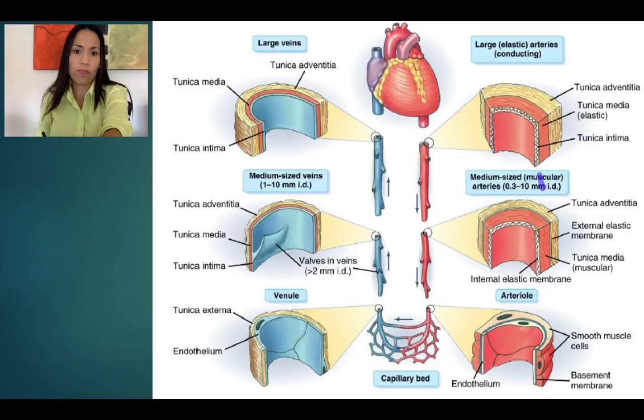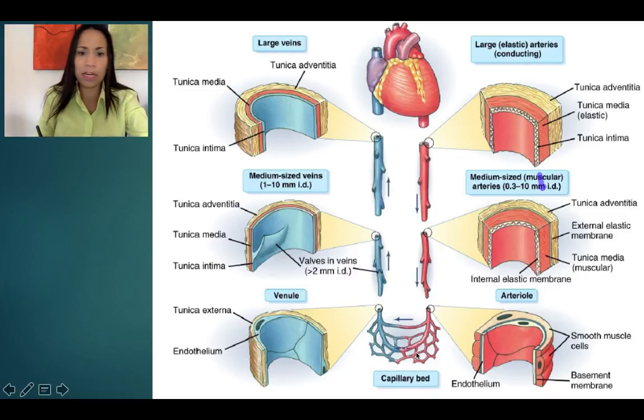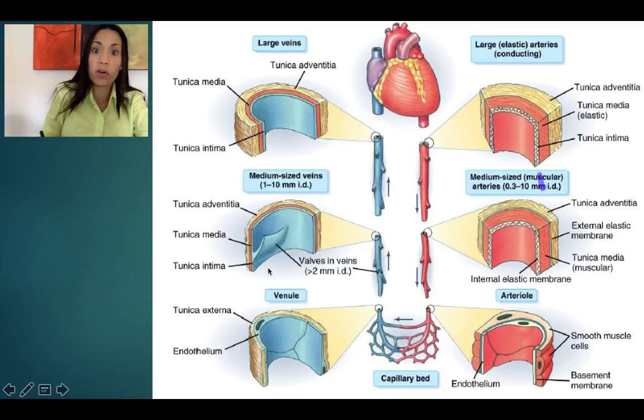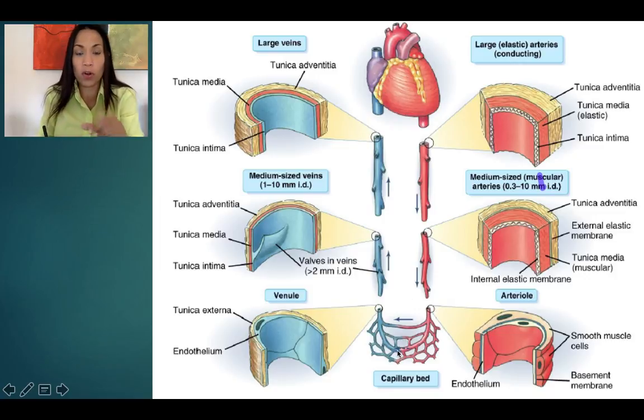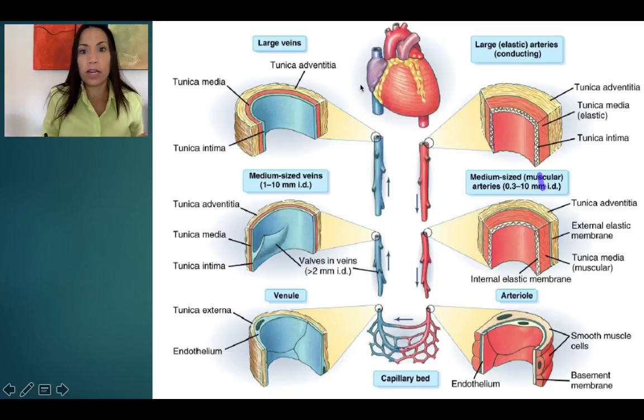After we exchange the gases here in the capillary beds, we're going back to the heart. If this capillary bed was in the lungs, well, I'm returning oxygenated blood to the left atrium. If these capillary beds are found in any of the organs different from the lungs, they're going to return deoxygenated blood to the right atrium.